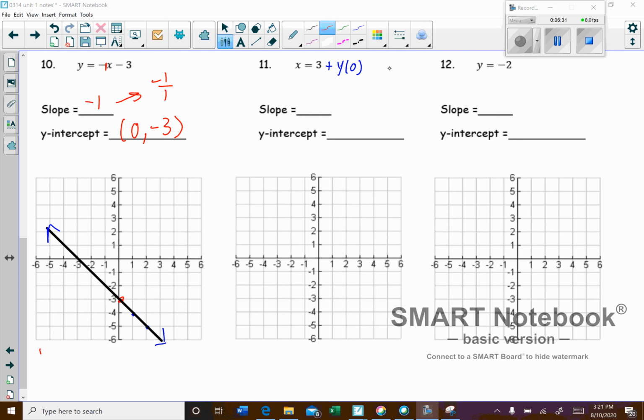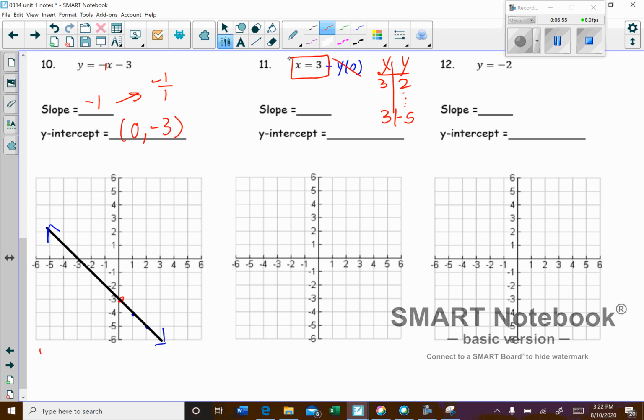So if you were to make a table of values for x and y, so if y were to be 2, well, 2 times 0, that's just going to keep getting knocked out, and x is just going to be 3. So whatever you plug in for y, whether negative 5, x is still going to be 3. So basically x is just 3 no matter what.